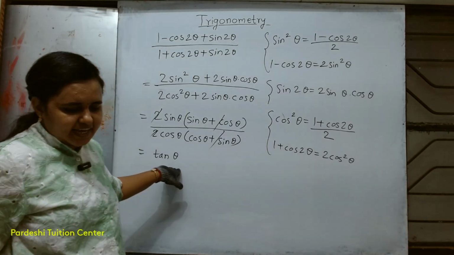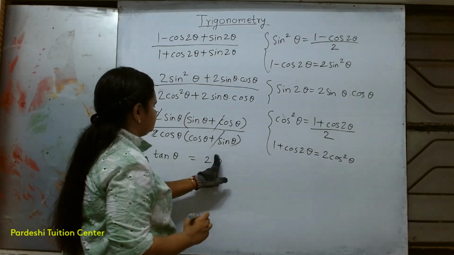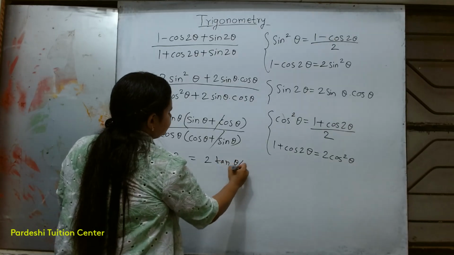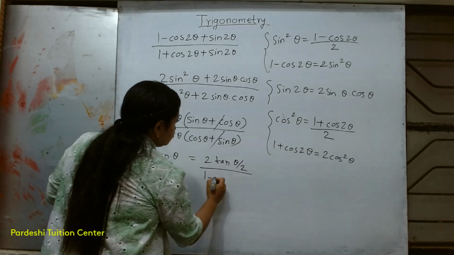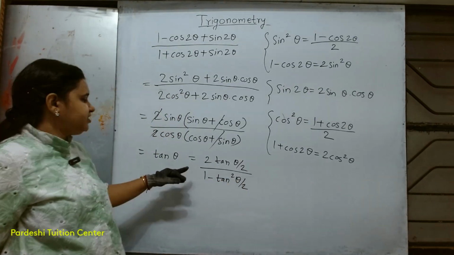Again we can write tan theta as 2 tan theta by 2 upon 1 minus tan square theta by 2. It was written in the formulas.